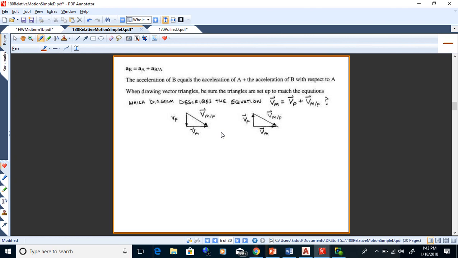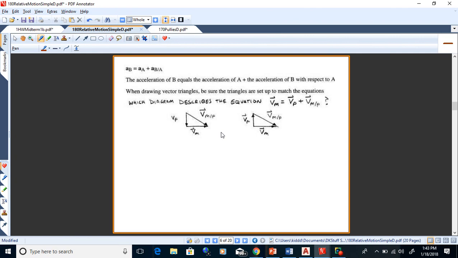If we kind of look at it, we want to think about that. What I would focus on might be a couple of things. I might look at that expression on the right, which is Vp plus Vm with respect to P, and realize that those vectors would be set head to tail when you add vectors.